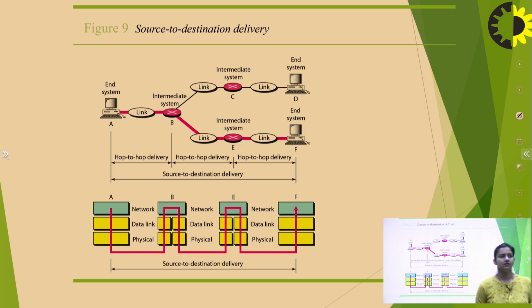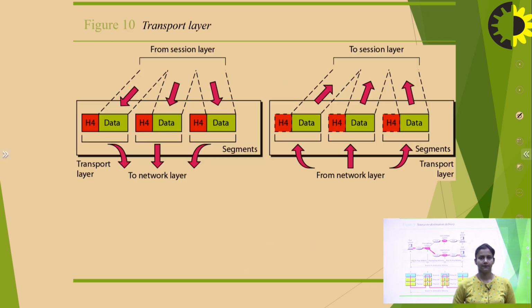In the network layer we are setting a proper source and destination. We are not switching the paths. If we are receiving data, we have to set a source and a destination. The diagram is the same as in the data link layer, but we have a proper source to destination delivery.